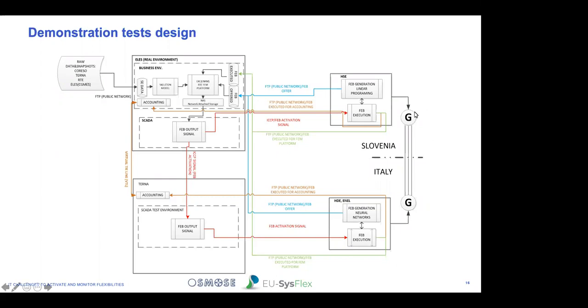So on the right, you can see my cursor. There are the generation and cross-border exchange between Slovenia and Italy, as I mentioned before. And these blue lines you can see here are actually SFTP data flow connections between energy providers.